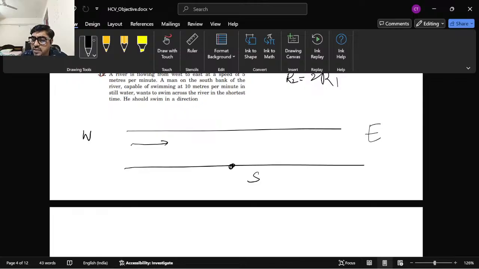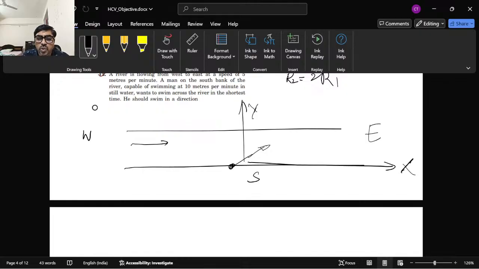So I will take east side as x-axis, and north side as positive y-axis. Now the person will be, let's say, trying to swim at some angle like this.